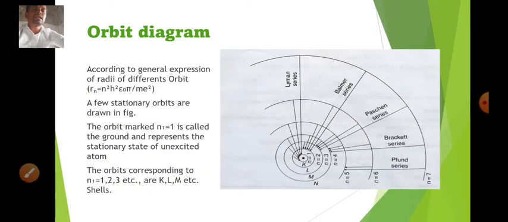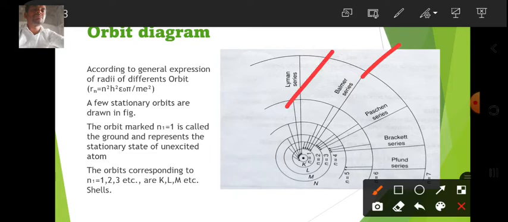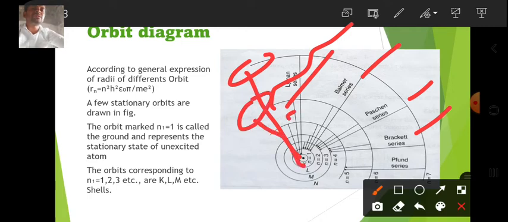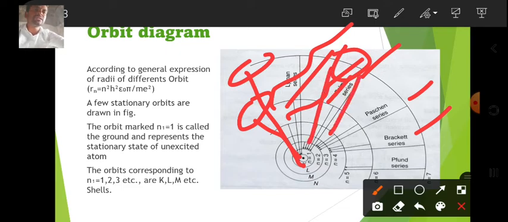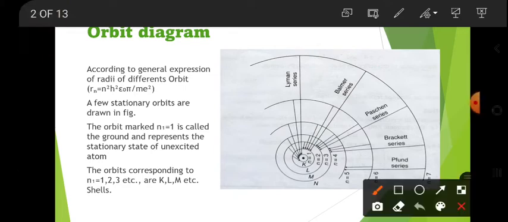Lyman series, Balmer series, Paschen series, Brackett series. If the electron jumps from the fourth directly to the first, it releases energy, or it may follow other paths like this, from here to here, or here to here. These names have come because those scientists observed this pattern.